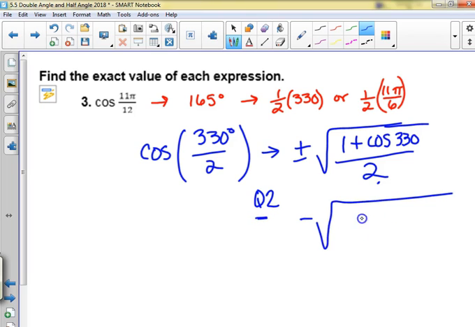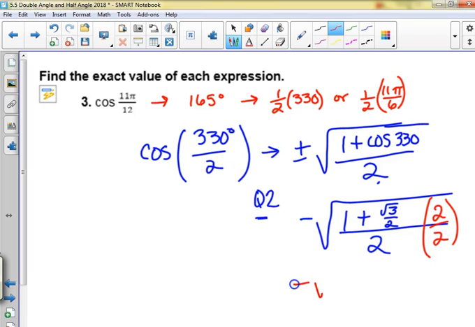So it's going to be negative square root of 1 plus, what's the cosine at 330? Square root of 3 over 2? One more time for fun. We're going to multiply top and bottom by what? 2 over 2. So we get negative square root of 2 times 1 is 2. Square root of 3 divided by 2 times 2 is square root of 3. On the bottom, we get 2 times 2 is 4, in which the square root just makes it 2.